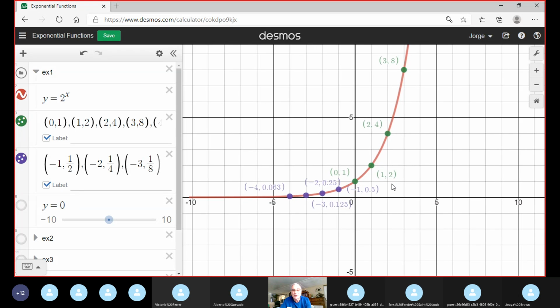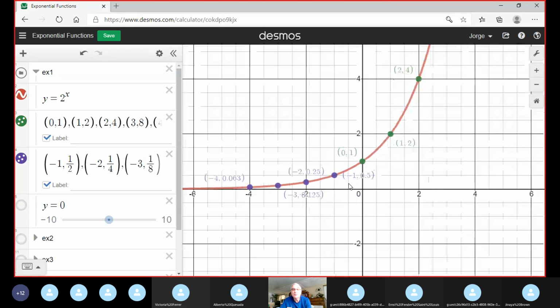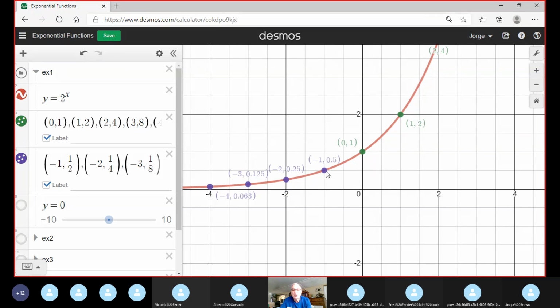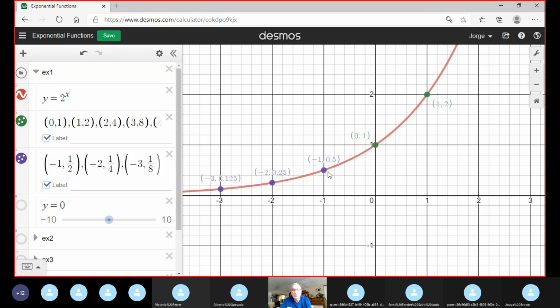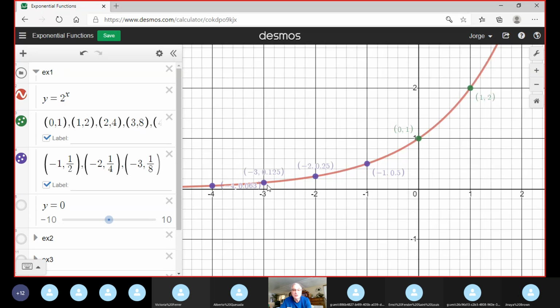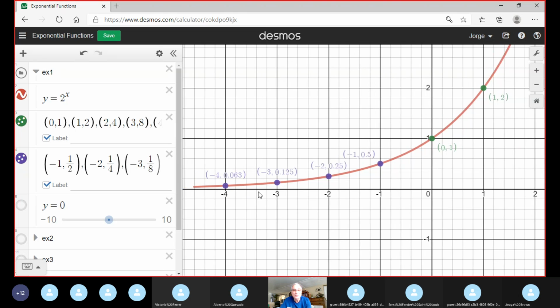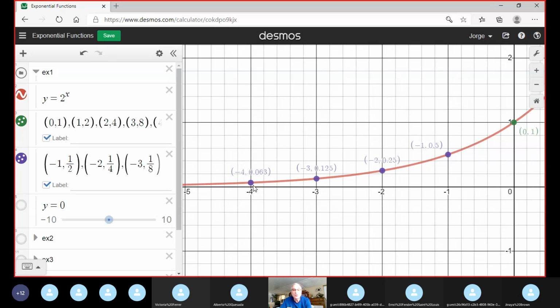However, in the negative part, they're using blue color points: negative 1, 0.5 which is 1/2, negative 2, 0.25 which is 1/4, negative 3, 1/8, and negative 4 is 1/16.